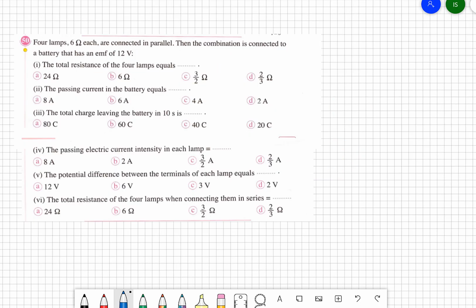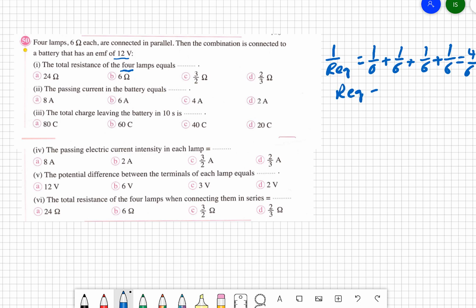Number 54. Lamps, 6 ohm each, are connected in parallel. Then the combination is connected to a battery that has an EMF, electromotive force, 12 volt. The total resistance for the 4 resistors. So you know they are connected in parallel, so 1 over R equivalent equals 1 over 6 plus 1 over 6 plus 1 over 6 plus 1 over 6, which means 4 over 6.